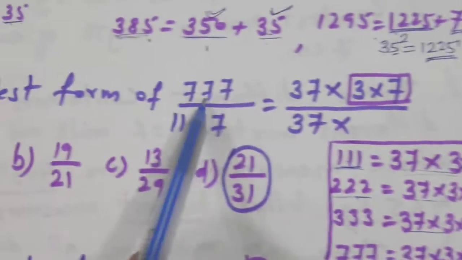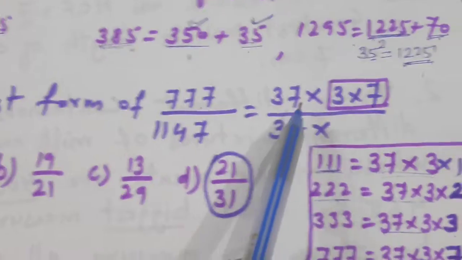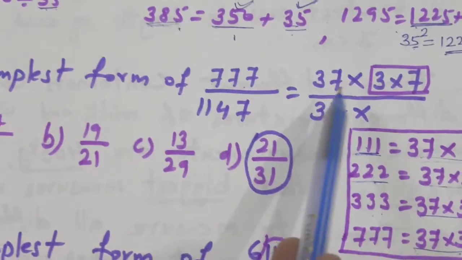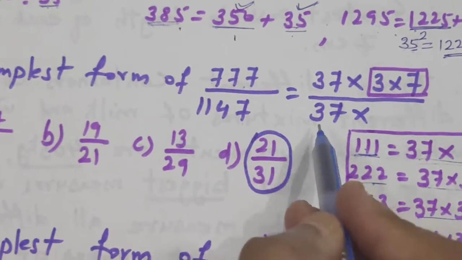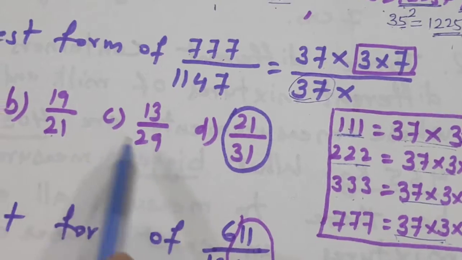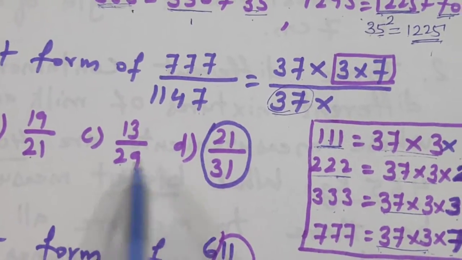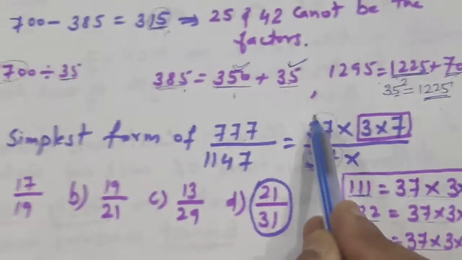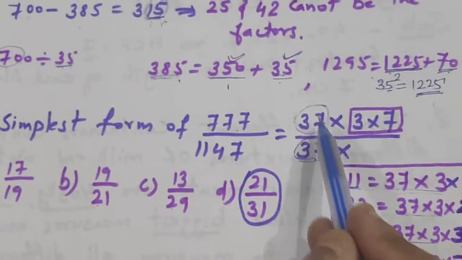So here I have got this might be the factor of 37 into 3 into 7. And 1147 also 37 into something. How did I guess this 37? Because when I checked the options, what happened? I could not find 37 anywhere. It means 37 is definitely cancelled out.